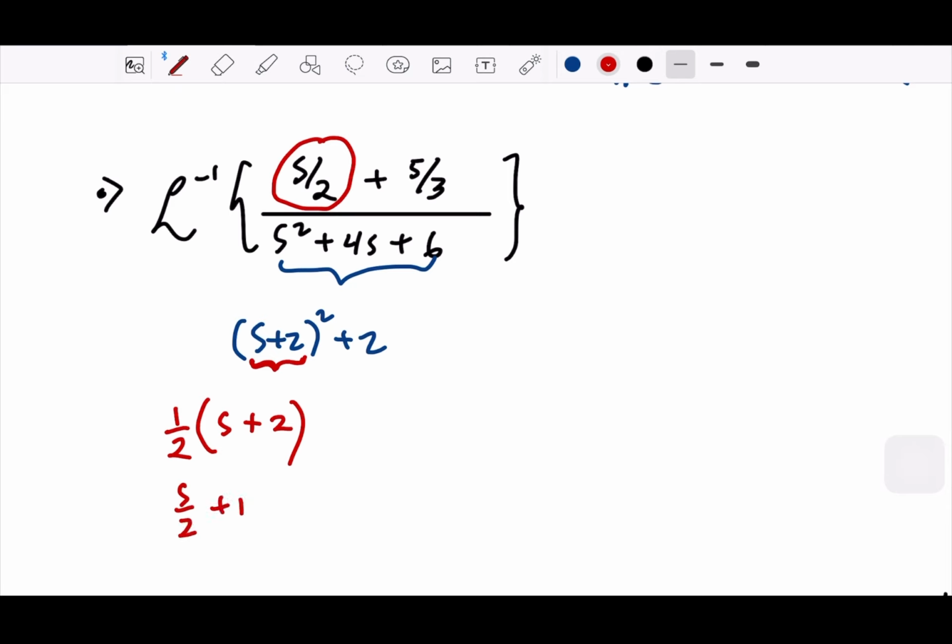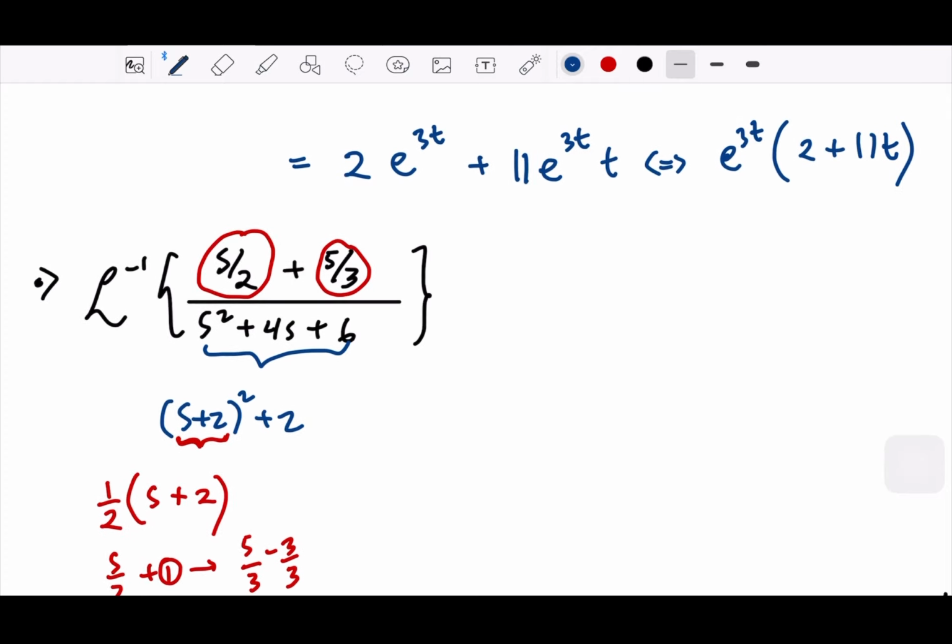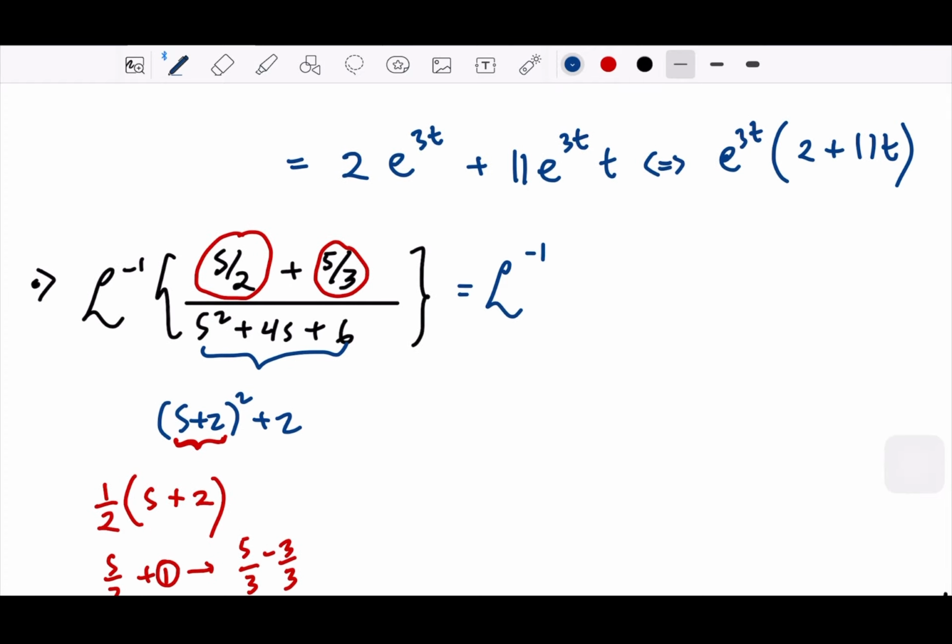And the 5 over 3, I would like to write as 3 over 3, or 5 over 3 minus 3 over 3. So we are forcing out all the fractions to have this s plus 2. So this will be half of (s plus 2) plus 2 over 3.